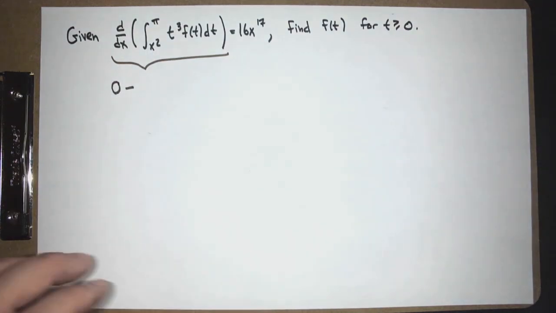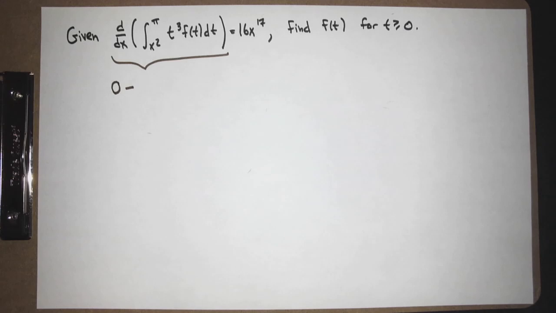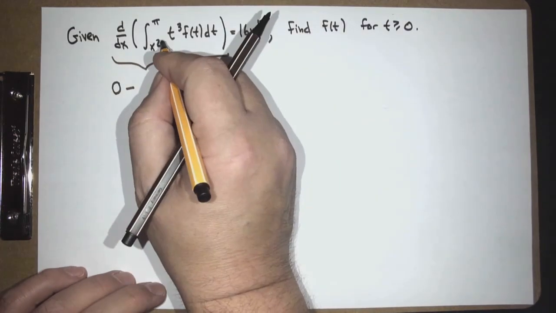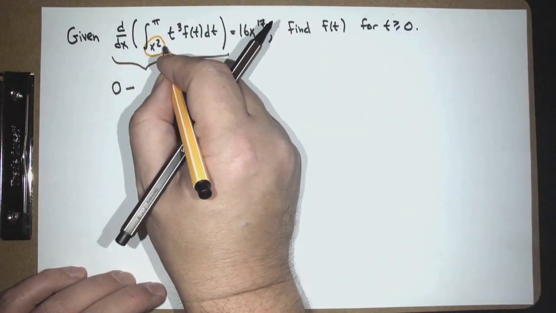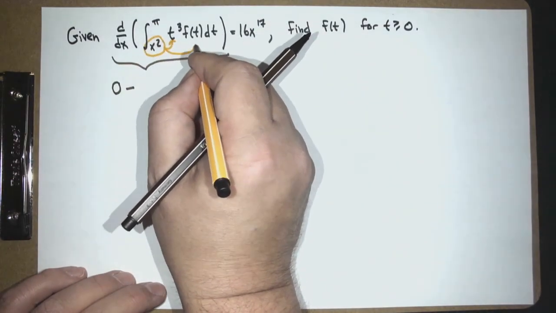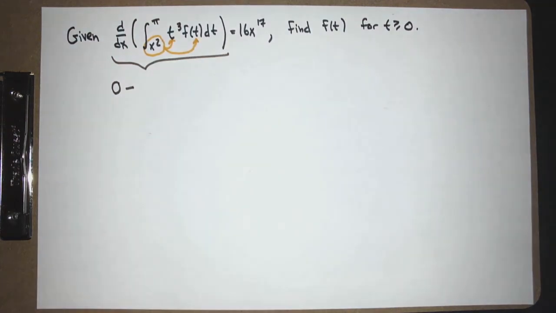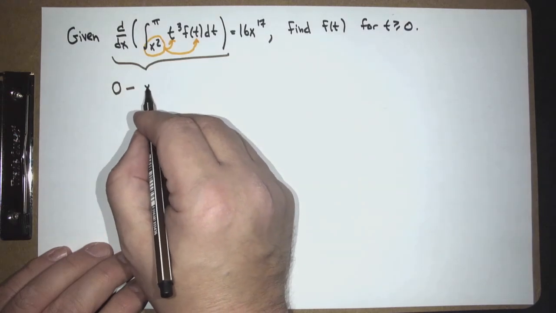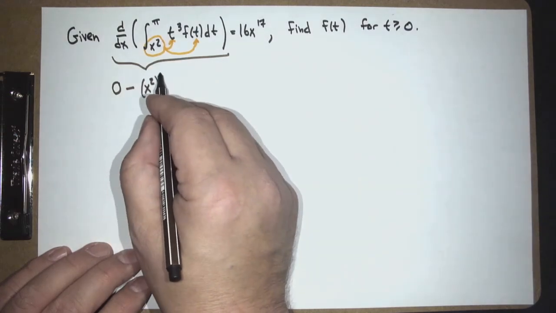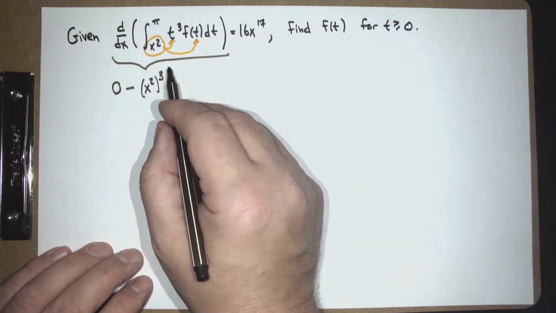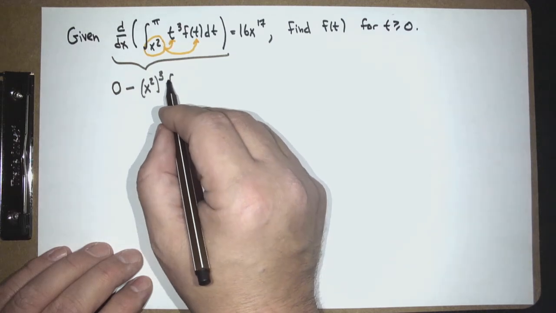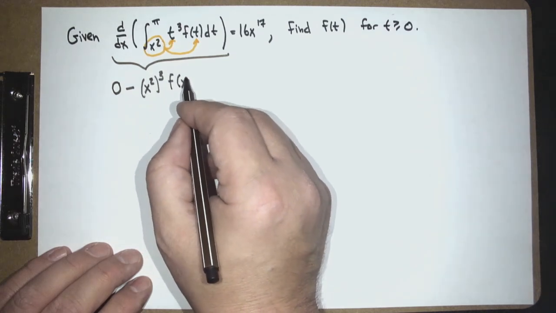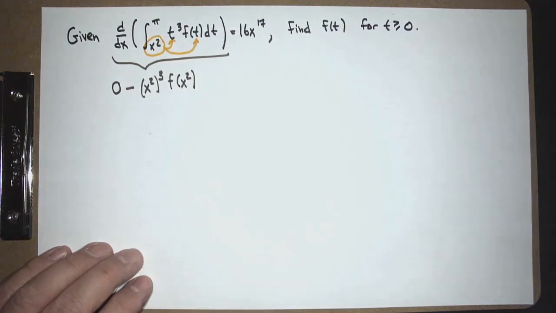Okay, now we're doing the bottom. We have an x squared. We're thinking everywhere you see t, put in x squared. What does that give you? So x squared cubed, which becomes x to the 6, and f of x squared. Good.